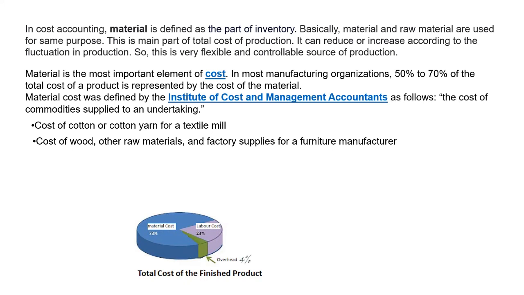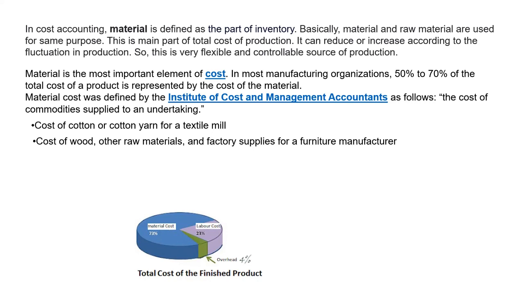A smaller definition you can say: the cost of commodities supplied to an undertaking to produce the final product. That is your material. Examples: if you have a textile mill, then cotton will be your raw material.